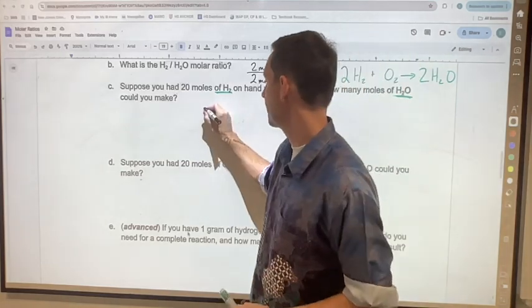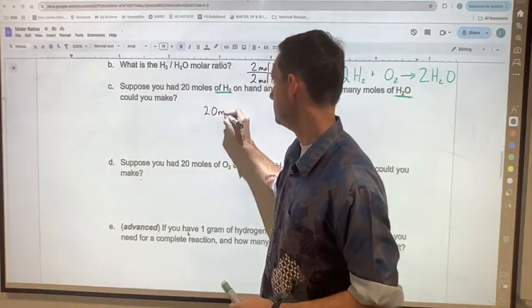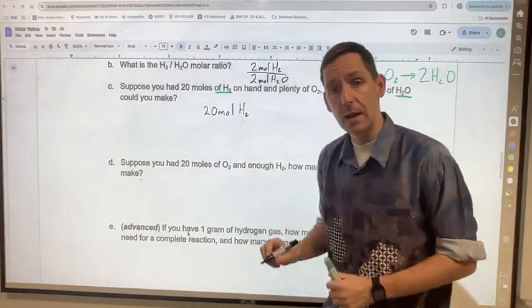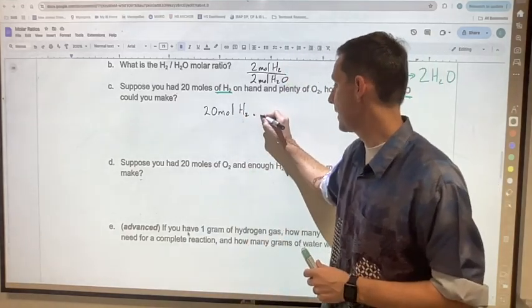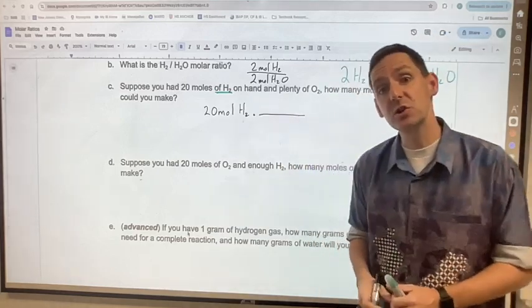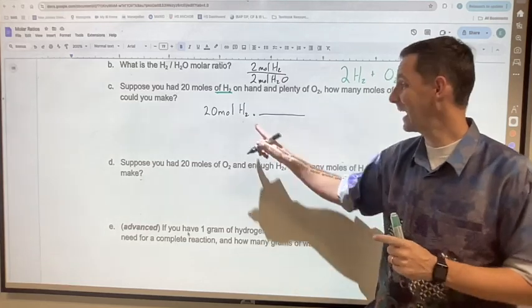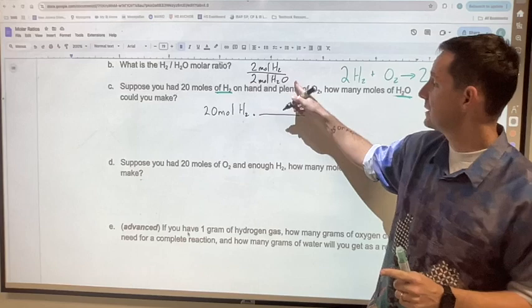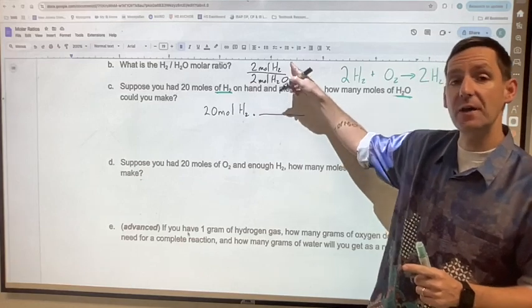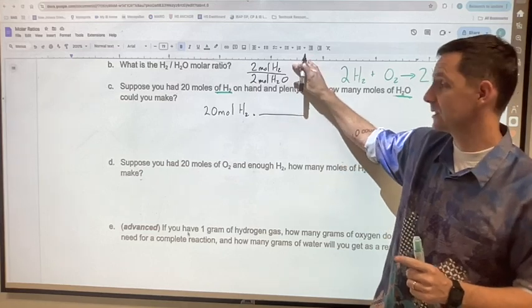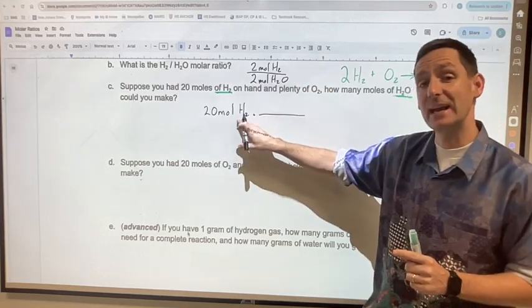I start with 20 moles of H2, and then I'm going to multiply it by the conversion fraction, right? Now that conversion factor needs to cancel out the H2. And so you see right here, I do have the mole ratio that has hydrogen and water in it, but I want to make sure to use this in a way that the H2 is going to cancel out.